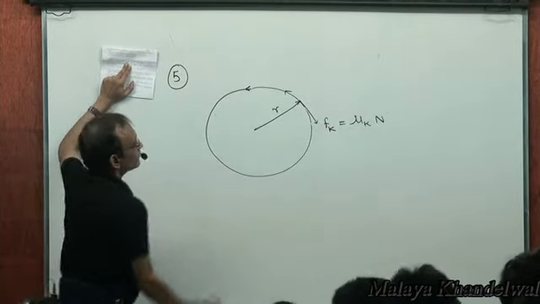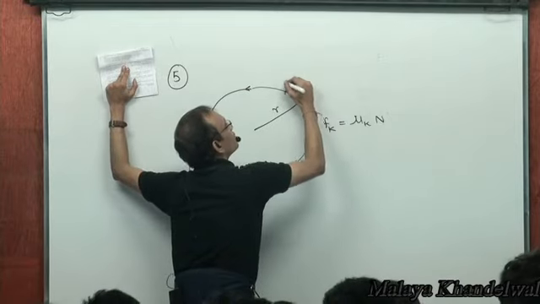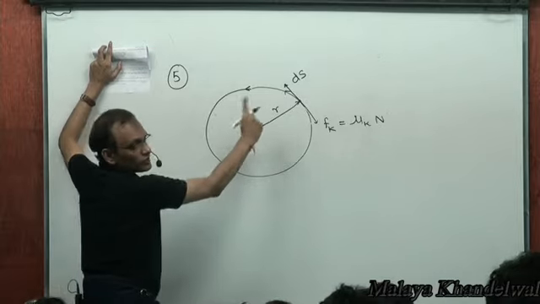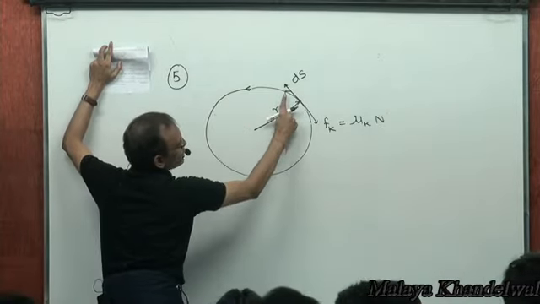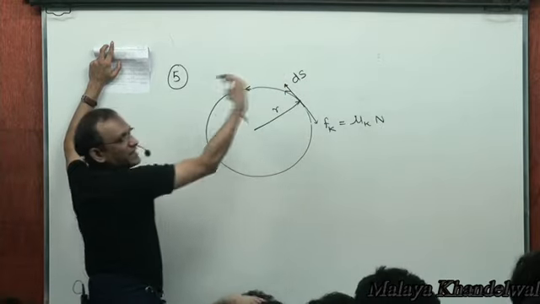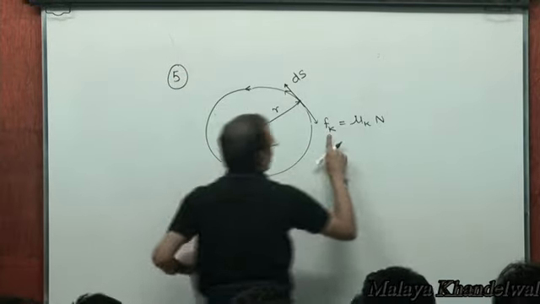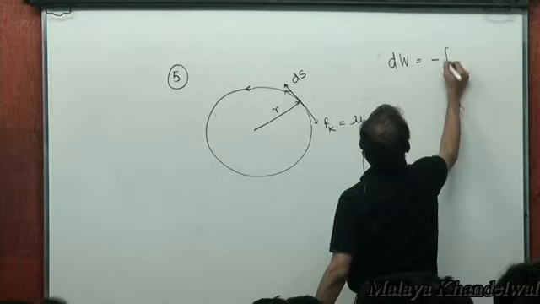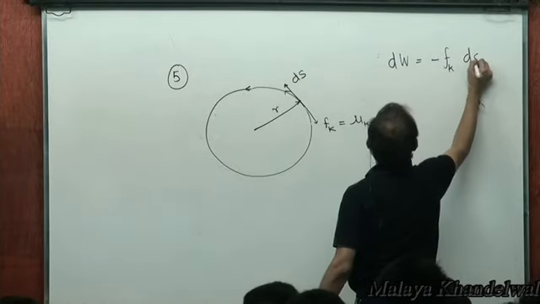Right? Yes. Whereas the displacement would be ds to the right from instant to instant. In order to go from this point to its neighboring point, you need a tangential displacement ds, right? So work done by Fk is going to be minus Fk into ds.